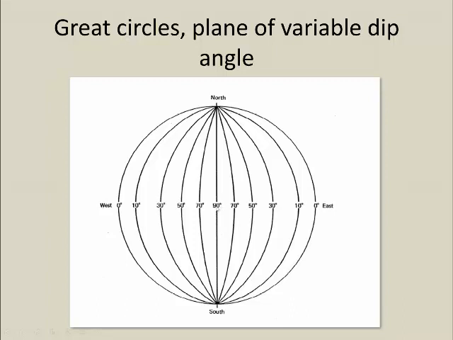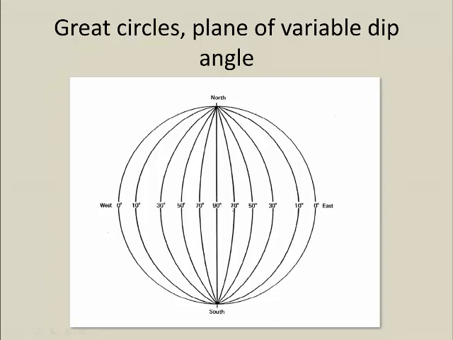This plane will have a dip angle of 90 degrees. A plane that is fairly steeply oriented, say dipping at 70 degrees to the east, will produce a great circle that follows this slightly curving line.